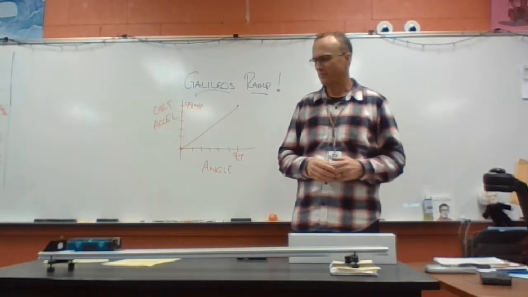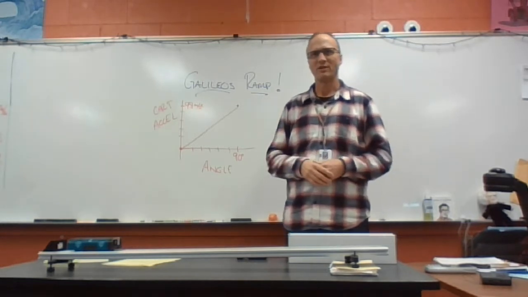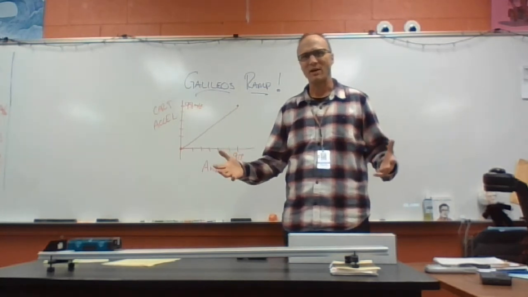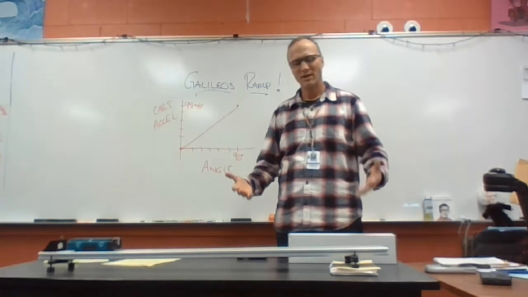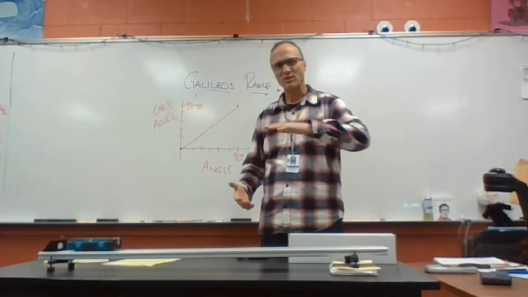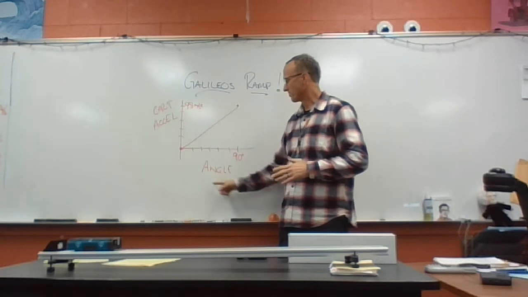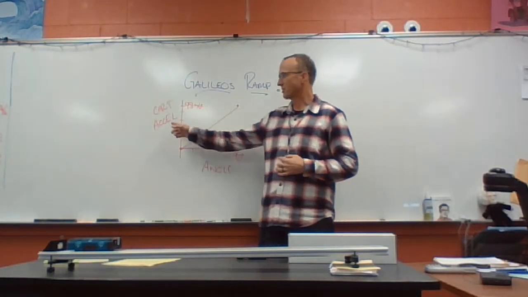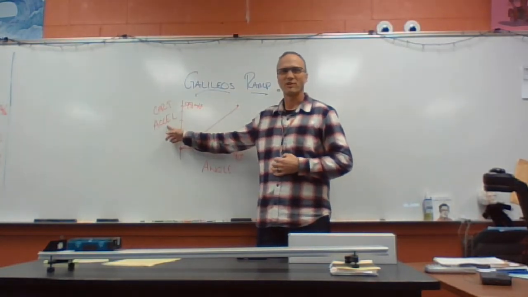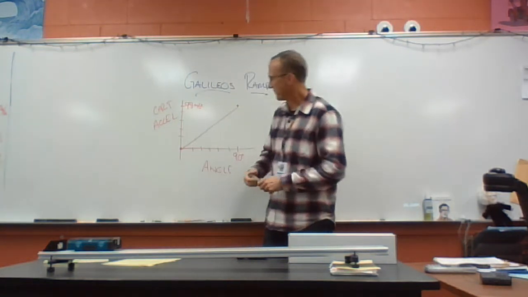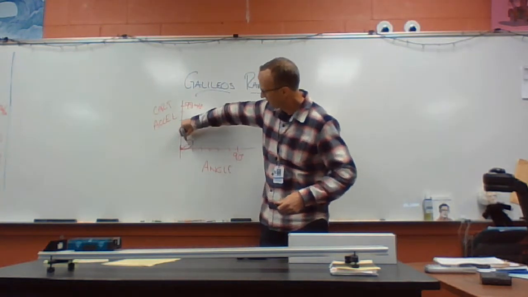The problem is, he couldn't drop stuff straight down and measure its time. He had to slow the whole gravity thing down. So what he did is built a ramp and used very small ramp angles, and measured very small cart accelerations in the process. So he was living in this part of the graph, way down here.